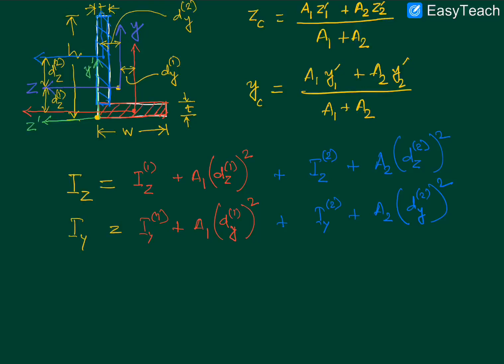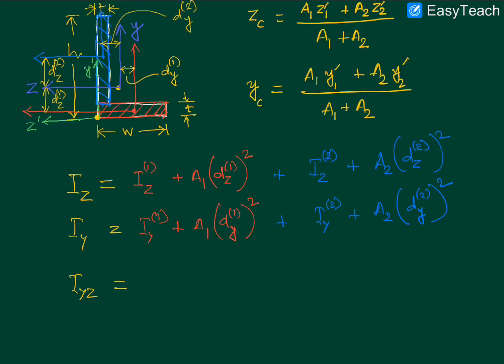And finally, for our IYZ, we note that referred to the red colored vertical axis and the red colored z-axis, horizontal axis.